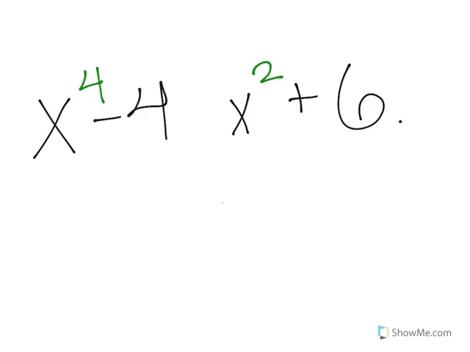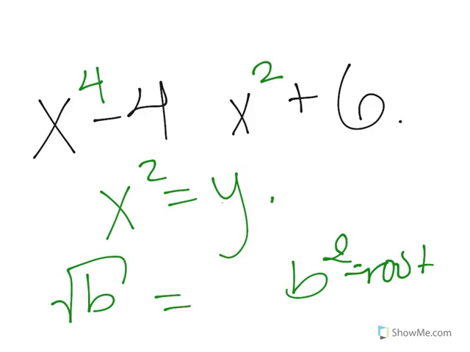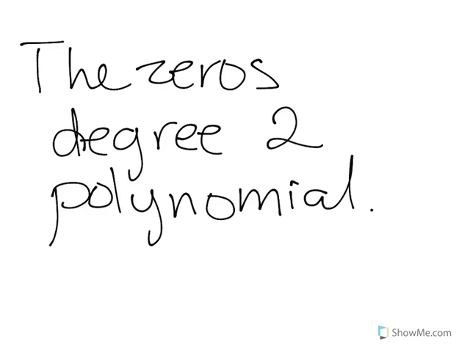But now saying that x squared is equal to y, and instead of having the square root of b being the root of the polynomial, we would actually have that b squared is the root. But leaving that aside, with practice you will learn how to manipulate the polynomials to be able to have it in a form that you can apply the quadratic formula to.